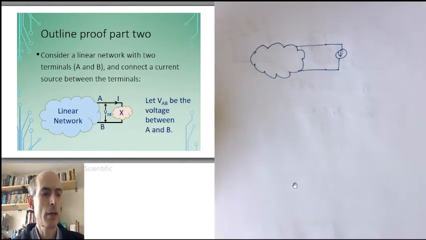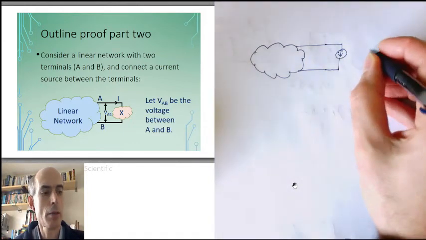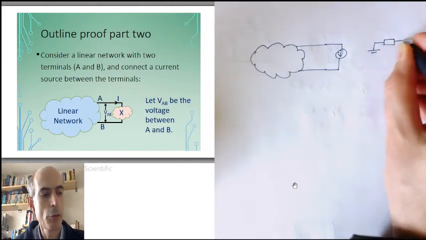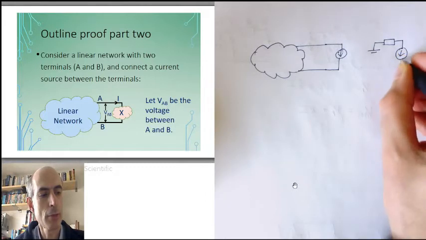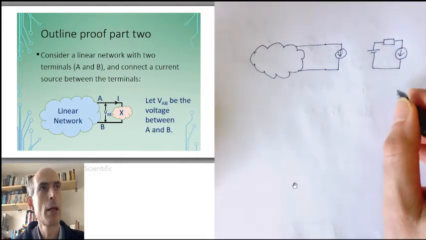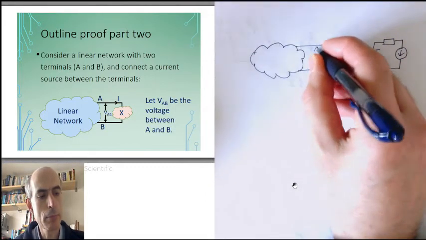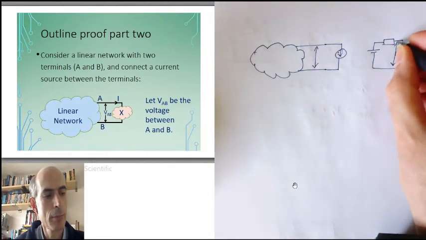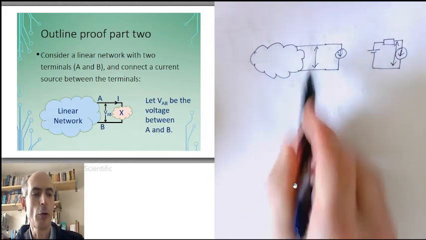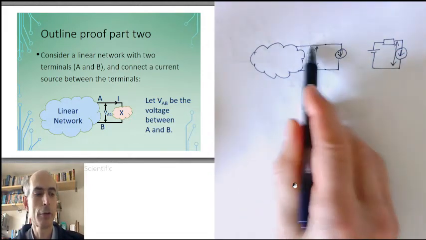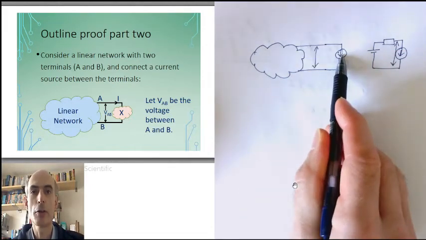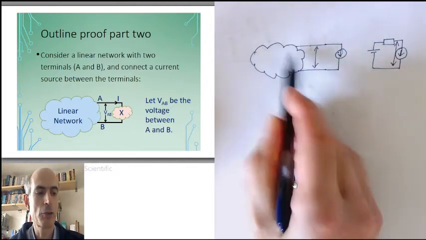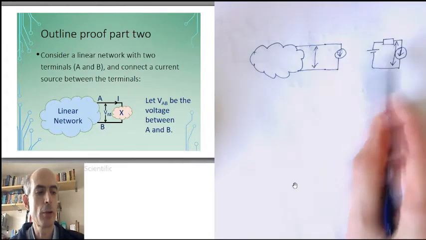And if there is an equivalent network, then it would mean that we could produce an equivalent network, put the same current source across its outputs, and the same voltage would appear between the outputs in both cases, since the same current would be flowing out in both cases. The current flowing out would be determined by the current source. That's what current sources do. They force that particular current to flow around this circuit.